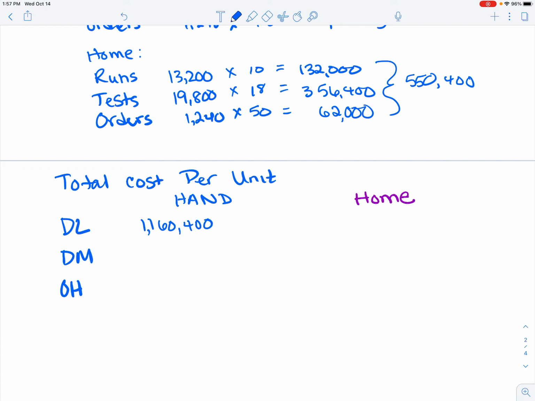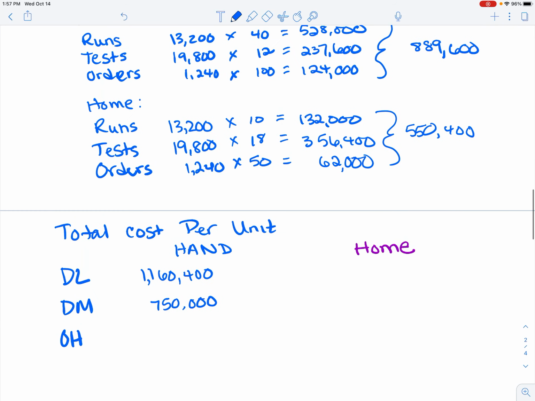My direct materials was 750. And then my overhead I'm going to bring down from here that I just calculated. 889,600 gives me a total product cost of 2.8 million.